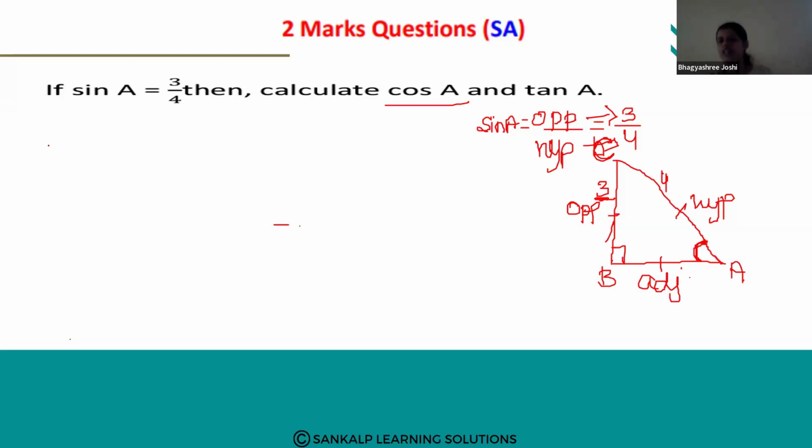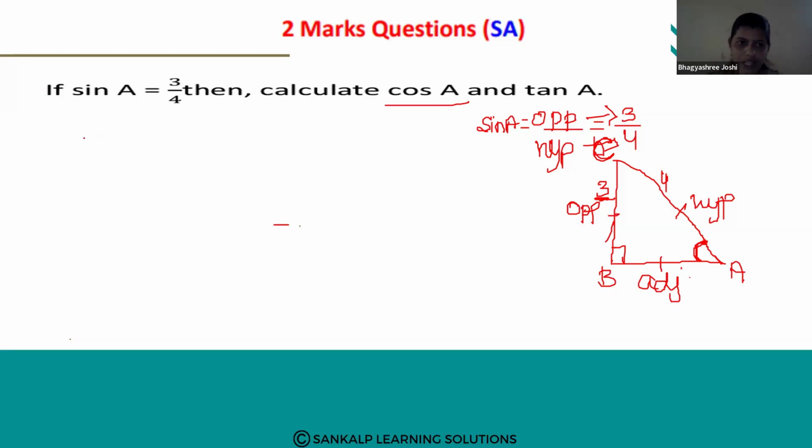Okay, so in order to get the cos A value, what do we need to know? We want the adjacent side value, right? We don't know the adjacent side value. Adjacent side divided by hypotenuse is cos A, but we don't know the value of the adjacent side. For that we need to calculate it. How to calculate the adjacent side? See, this is a right angle triangle and we know the value of two sides. Then we can use the Pythagoras theorem, right?